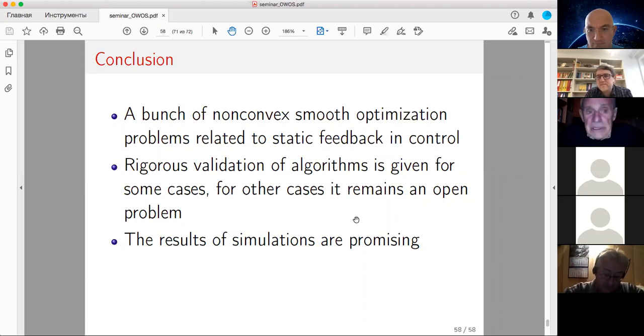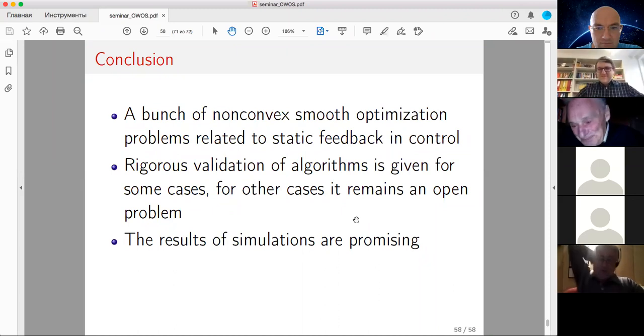Of course, there are some non-smooth objectives in control, and they are of interest. But at the moment, I can say nothing about these possible extensions. They are challenging, but it's the work of the future.